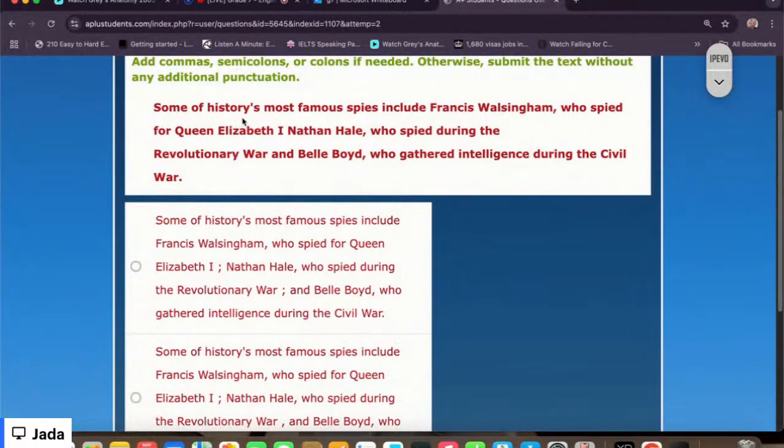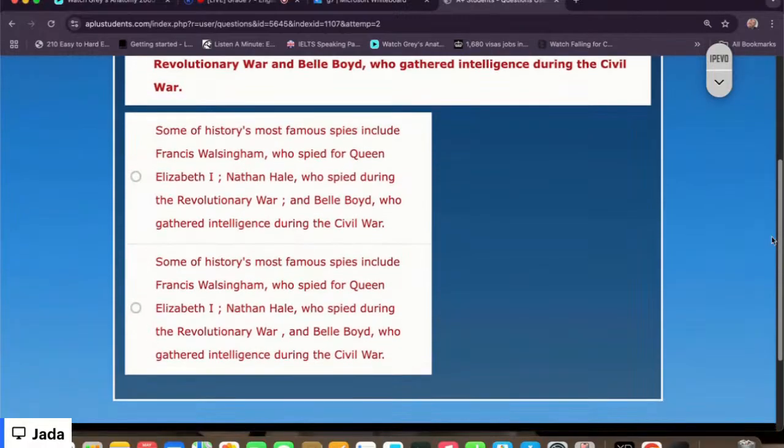So you have to add commas, semicolons, or colons if needed. Otherwise, submit the text without any changes. Okay? So some of history's most famous spies include Francis Walsingham, who spied for Queen Elizabeth I; Nathan Hale, who spied during the Revolutionary War; and Belle Boyd, who gathered intelligence during the Civil War. So first or second?